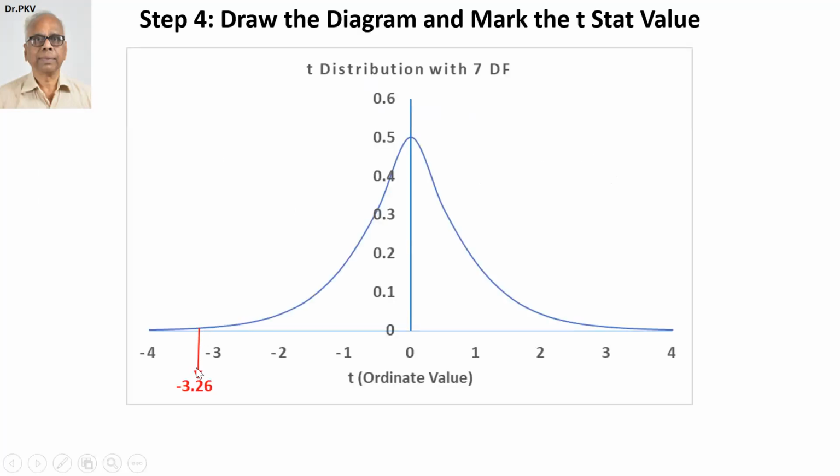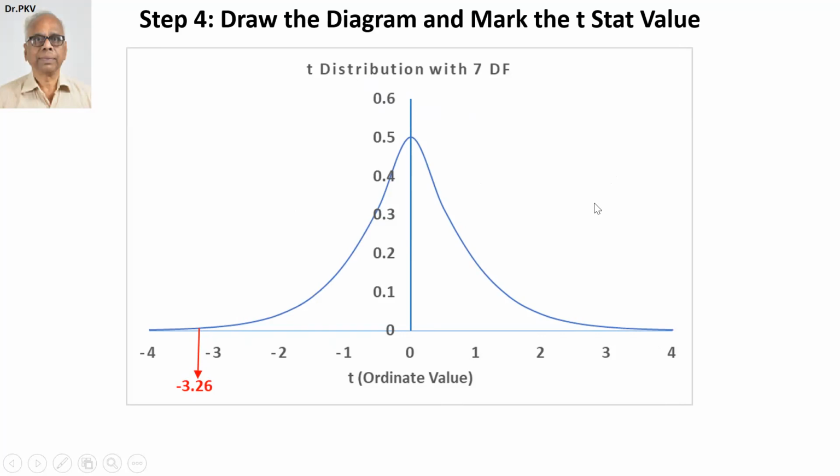So this is marked minus 3.26, which is at the left of the mean, and the t-distribution is symmetrical as before, like the standard normal distribution. So I have marked the t-stat computed here.